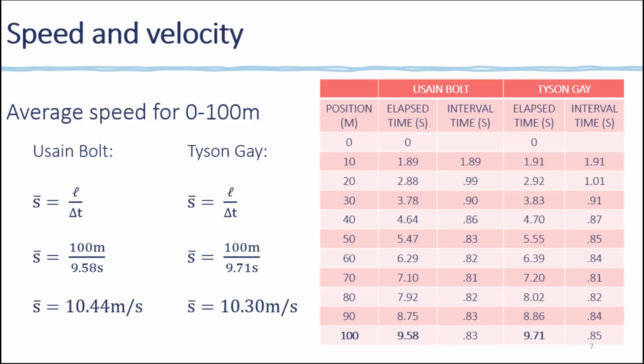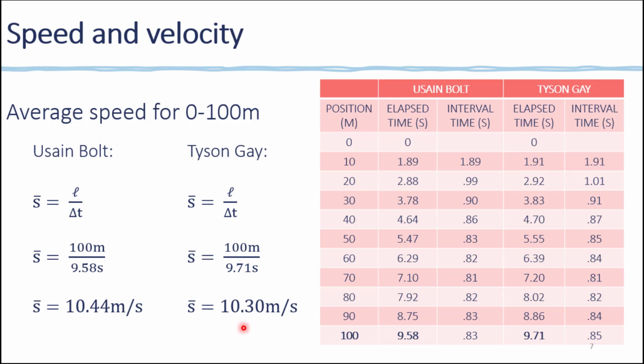So this would explain why Usain Bolt won the race, because if you break down this value here, it's saying that Usain Bolt travels at a speed of 10.44 meters per second. So in other words, in 1 second, he travels a farther distance than Tyson Gay.